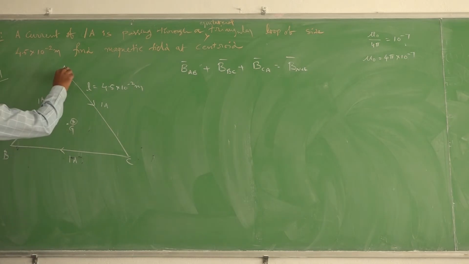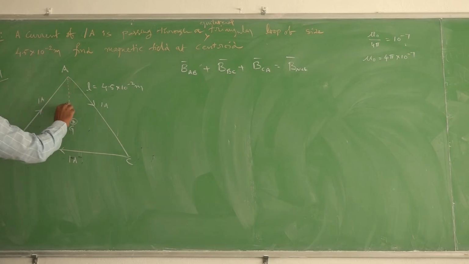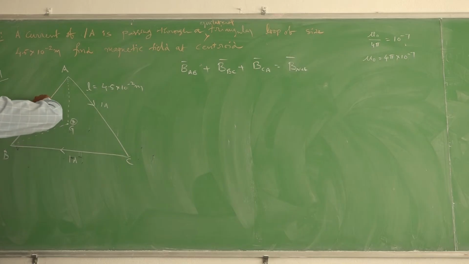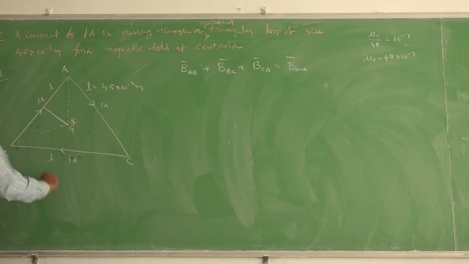So let me join this point and this point. You know that this is the distance. If L is the length of each side, what is the distance here?